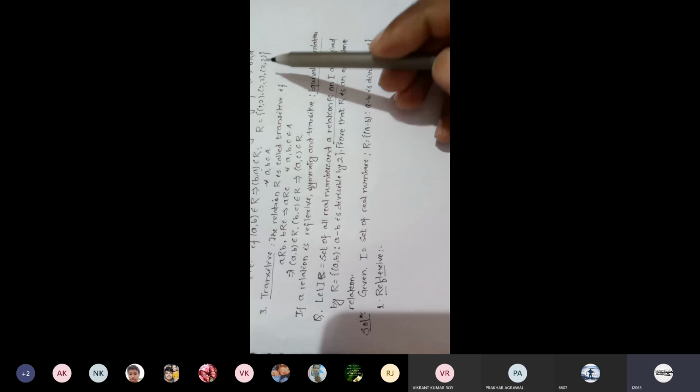So here we have to prove A, A belongs to R. Since 0 is divisible by 2, and 0 is the difference of two similar numbers, A minus A is divisible by 2.